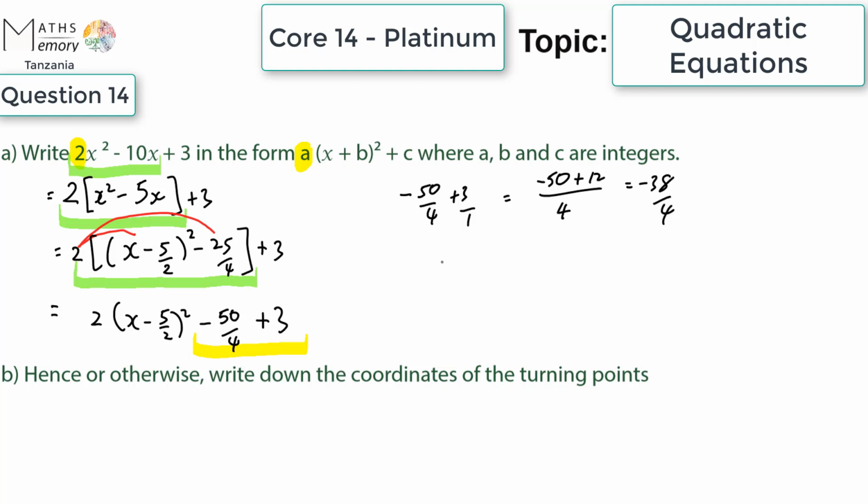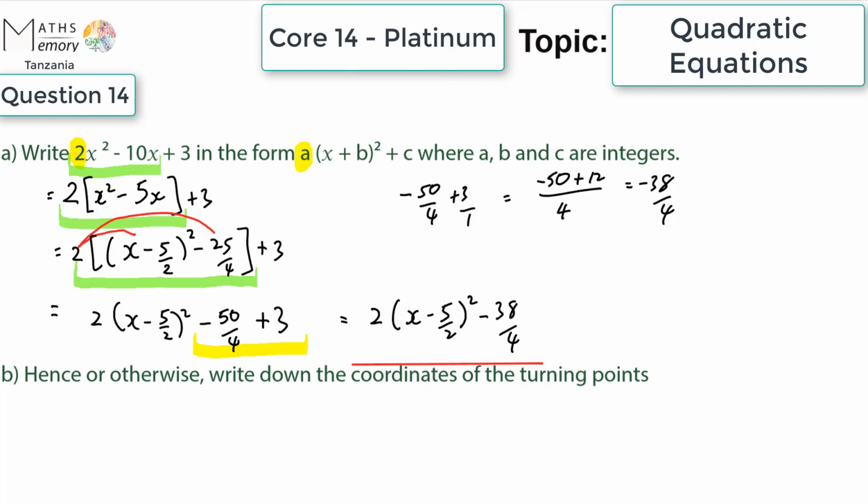We'll simply link it on now to what we had over here before. So this will give us a nice final answer of x minus 5 over 2 squared minus 38 over 4. So that would be the final answer for part A of how we would deal with something with a non-1 value for the x squared term.